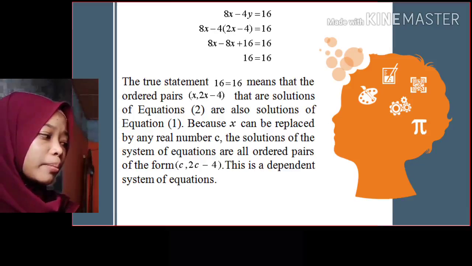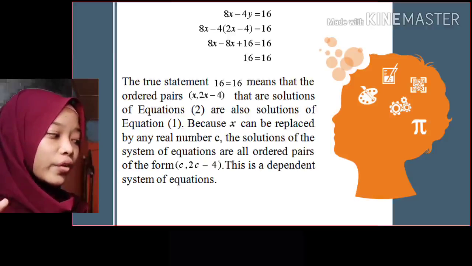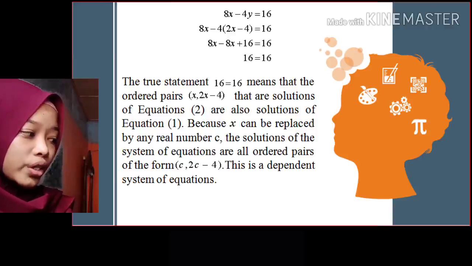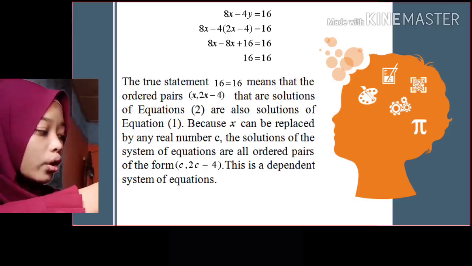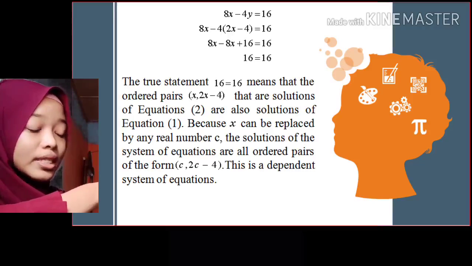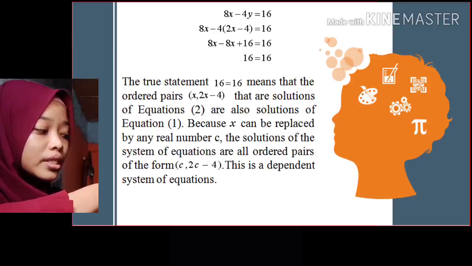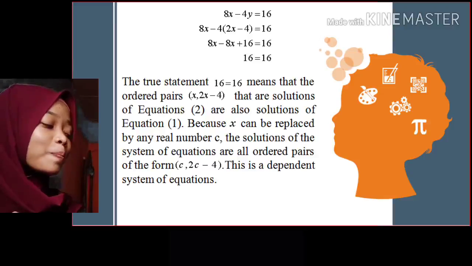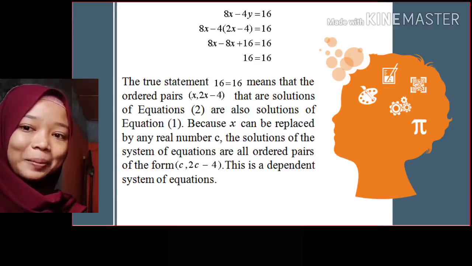Because x can be replaced by any real number c, the solutions of the system of equations are all ordered pairs of the form (c, 2c minus 4). This is a dependent system of equations.